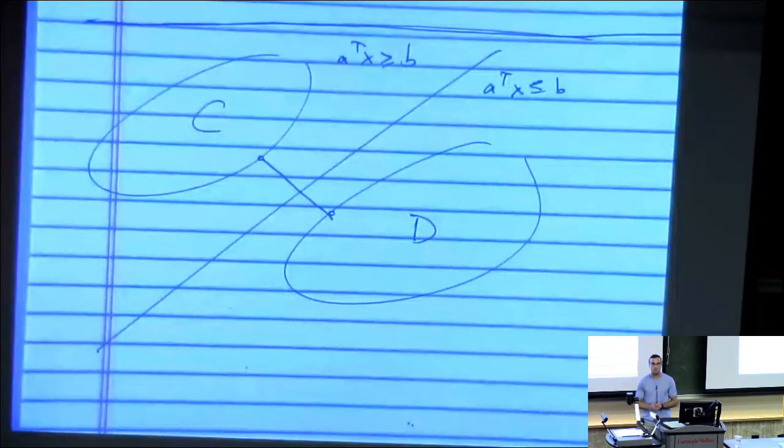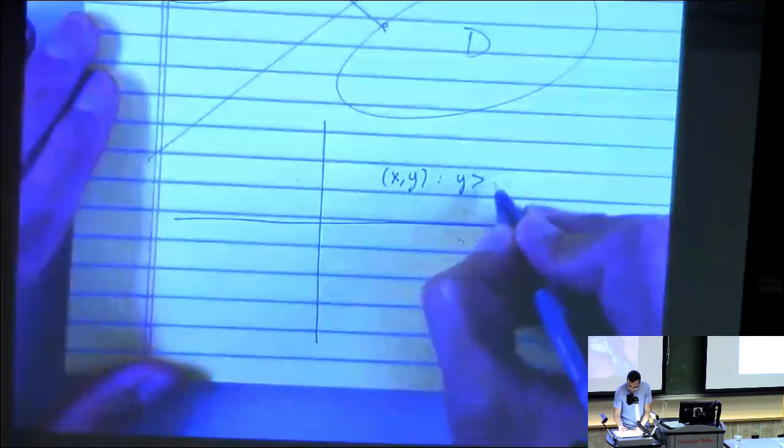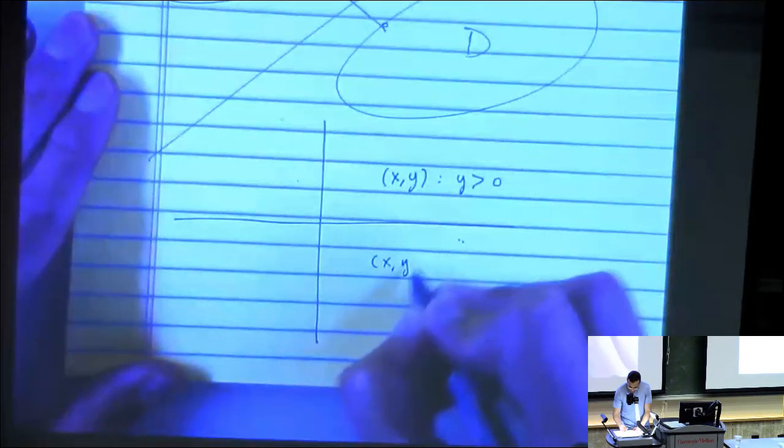So why is that not possible? What's an example for which, yeah? You had two rectangles, but they were almost overlapped, if they were touching. Okay, so let's take an example: the set of all x, y such that y is positive, and the set of all x, y such that y is less than or equal to 0.